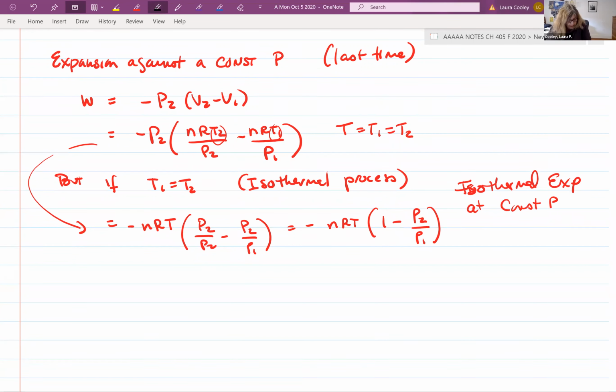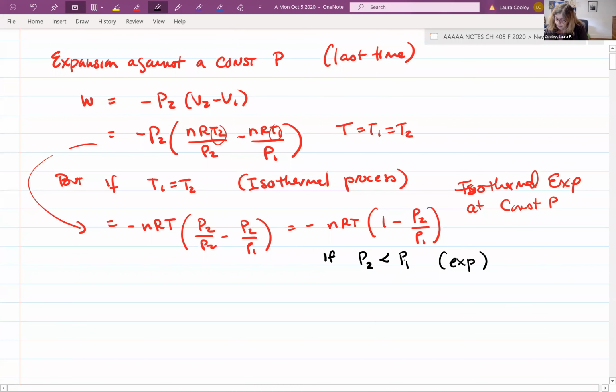And you could see, so I'm just reviewing from last time, if P2 is less than P1, which is true of an expansion, then this thing is less than 1, and then the work is negative.